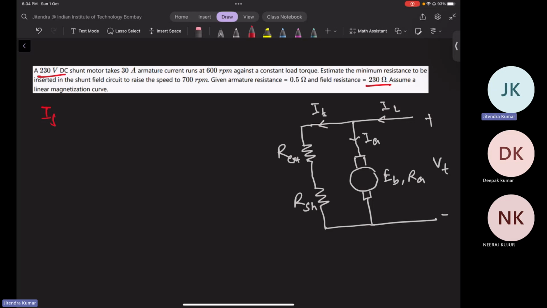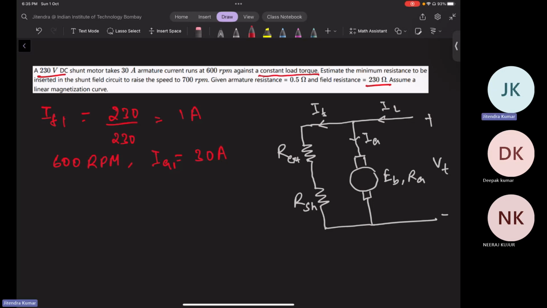So I field 1 is 230 by 230, which will be 1 amp, and the speed was 600 rpm, and IA1 was 30 amps, at constant load torque.